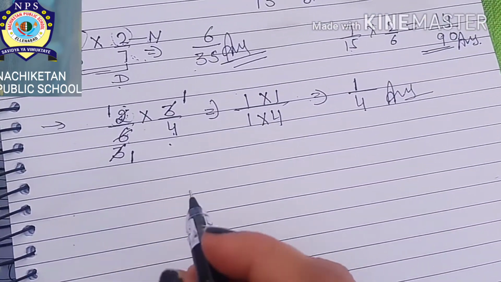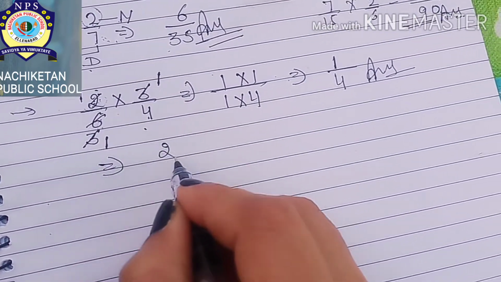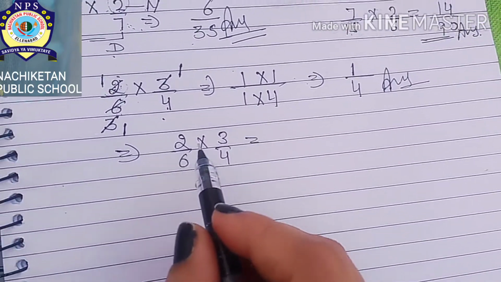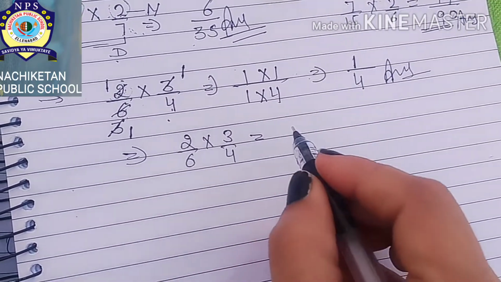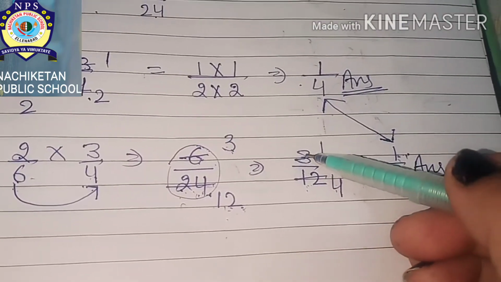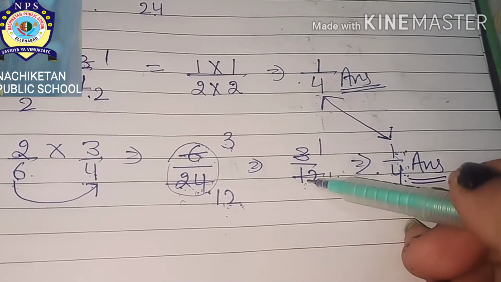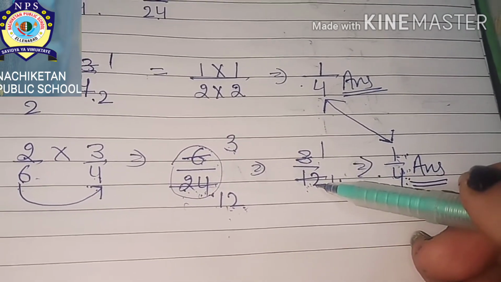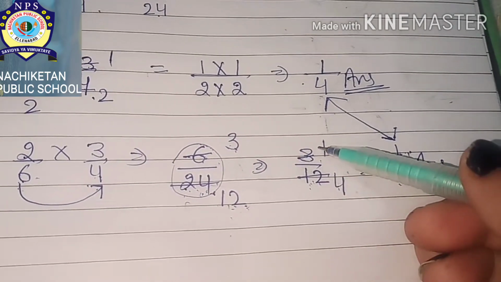Clear? In another way we can do it like this also. 2 by 6 multiply 3 by 4. Firstly we can multiply the numerator by the numerator: 3 2s are 6, and 6 4s are 24. Now 6 by 24 is your answer, but you have to check whether we can reduce it to the lowest term or not. See, 6 upon 24 is here.